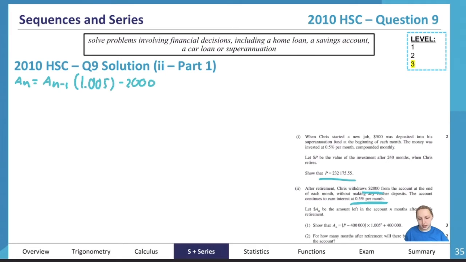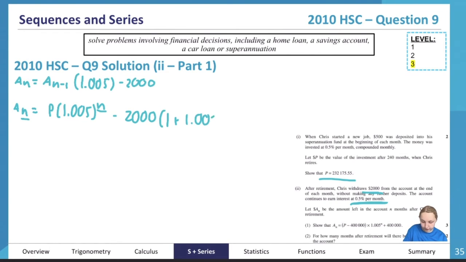Then we could see in the pattern we just created that if we have A_N, we're going to have P times 1.005 to the N, so these two N's match up, minus 2,000 times (1 plus 1.005 plus everything in between until you get 1.005 to the N minus 1). Hopefully you noticed that from the pattern before as well.